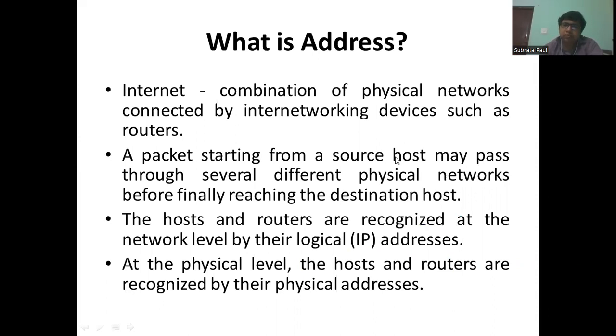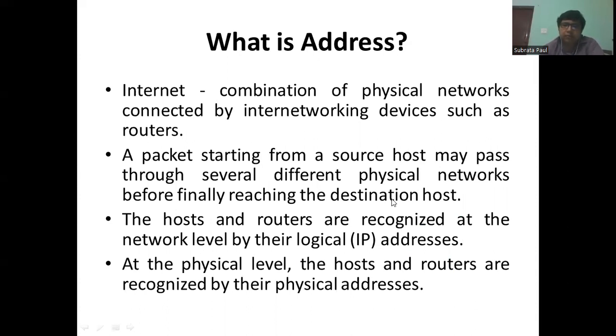So whenever we need to transfer a packet from one source, say a host, to another destination host, it needs to pass through multiple networks and networking devices before it reaches the host on the other network, or it can also be in the same network. Now the hosts or the routers at the network level are identified by IP addresses. But whenever we consider the last two layers, the physical and the data link layer, we need to consider their physical address.